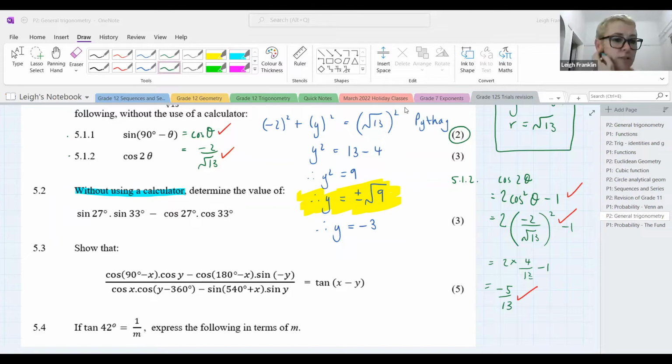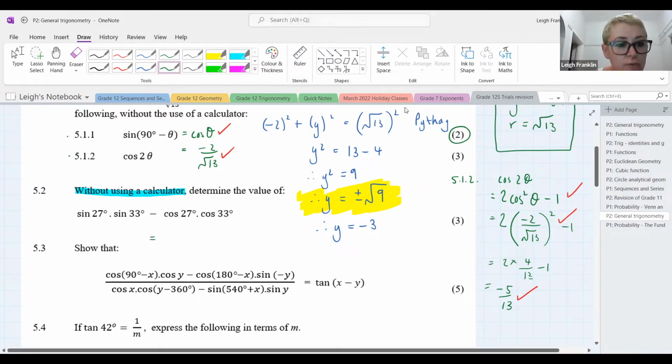All right, so when we looked at this, we would have seen that it is a cosine compound angle, except it's in the wrong order. It's sine minus cos. So the steps you would have needed to show is that you factorized out the negative.